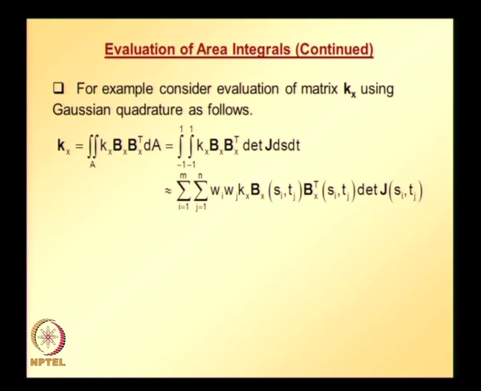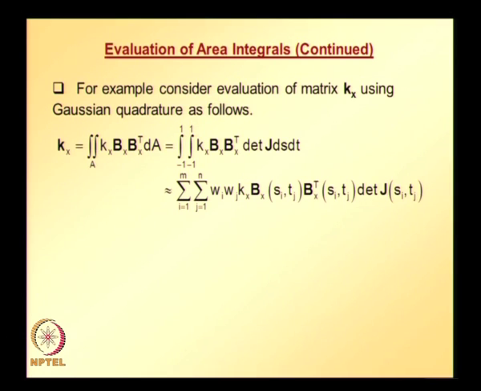These limits of integration can be changed to -1 to 1 in the parent domain using the relation that dA is equal to determinant of Jacobian times ds dt. We can change the limits of integration as given in the equation, which can be further approximated by taking certain number of integration points along s direction and t direction, and here the formula is written for the case where m number of points are taken along s direction and n number of points are taken along t direction.